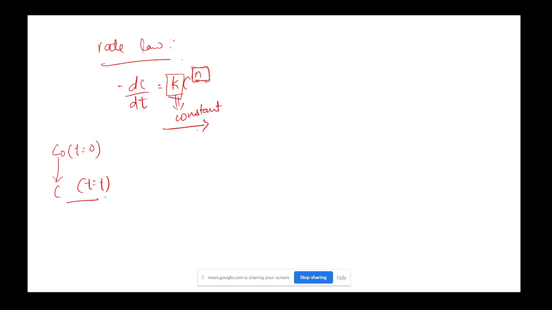So how do you do that? You try to fit various models. Nowadays there is Excel and all, you use it very well. So in that case, you try to find out this k and n also. So these two are constants.